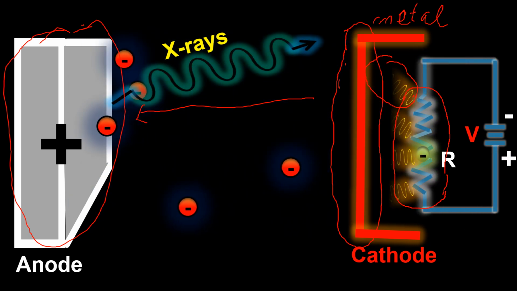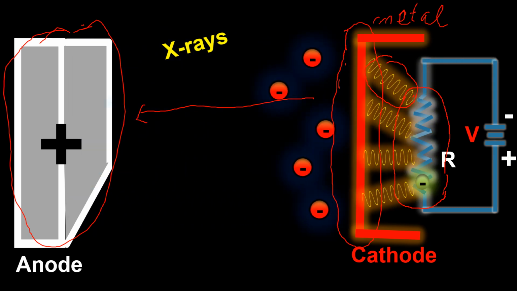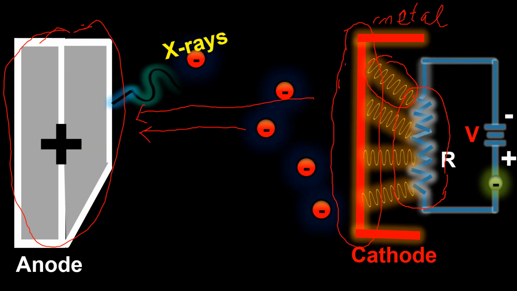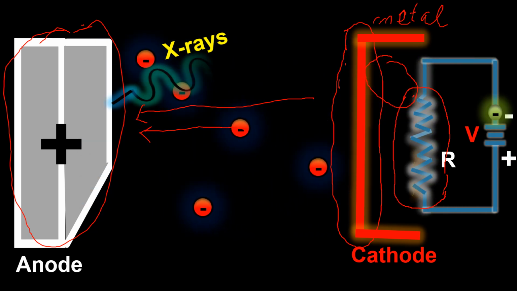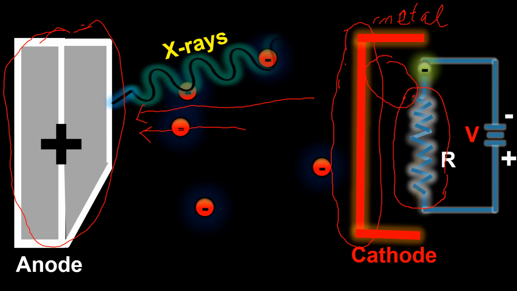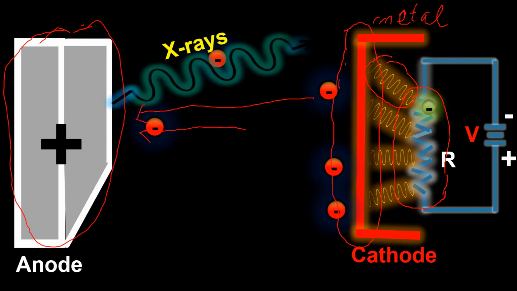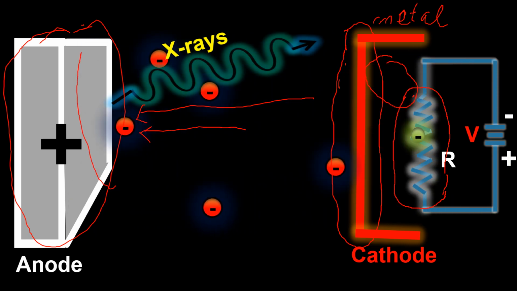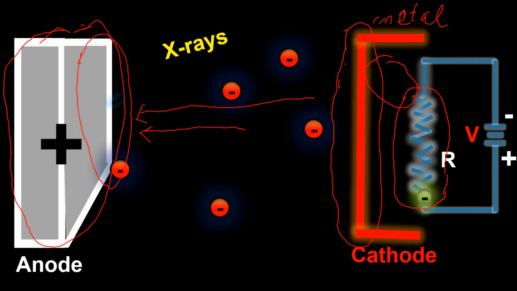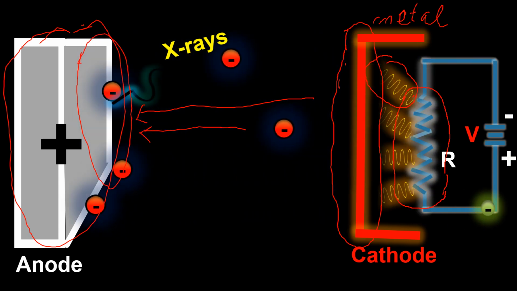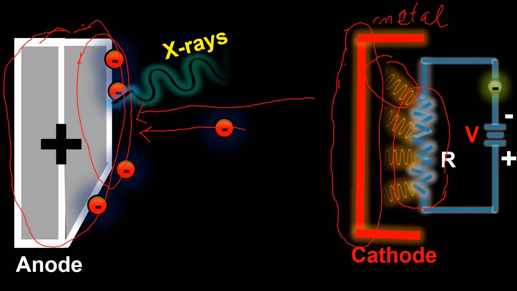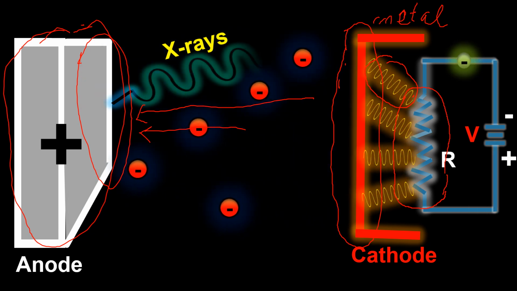In order to produce continuous X-rays, dear student, these accelerated electrons which move toward the surface of the anode, if the kinetic energy of the accelerated electron on the surface of the target or the anode decreases, then the decrease in kinetic energy will result in the production of continuous X-rays.